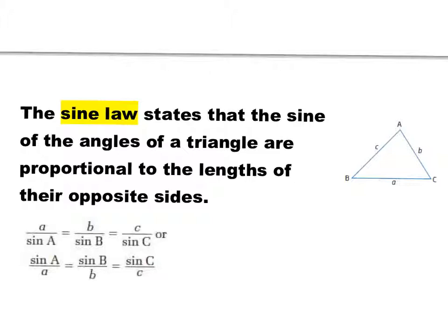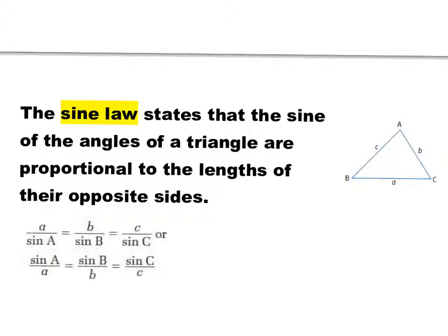You have three ratios, three fractions which are equal to each other. Now, do you have to use all these ratios together? No. You will end up only using two of them. For instance, you use sine A over A equals sine B over B. Now, the first one, as you can see, is one form.